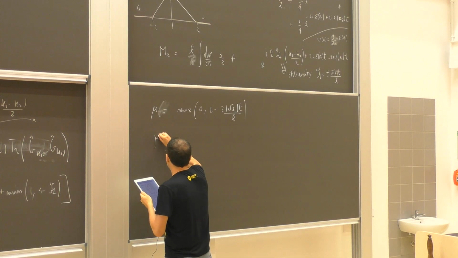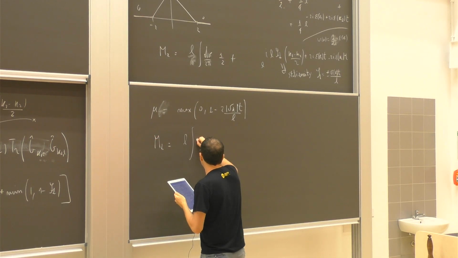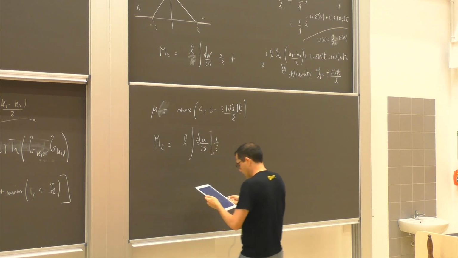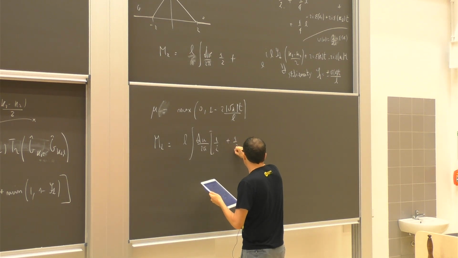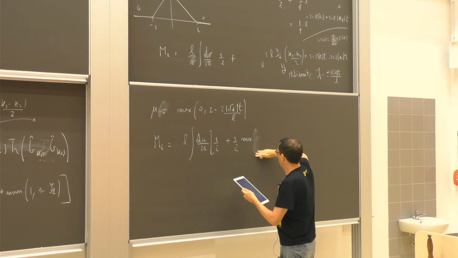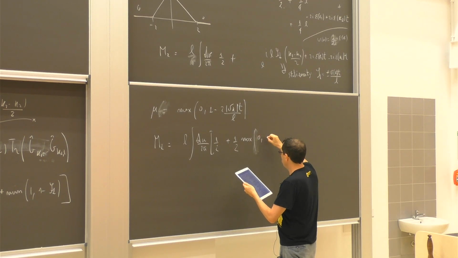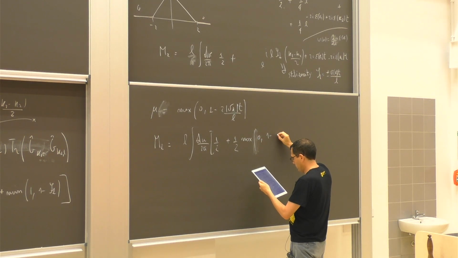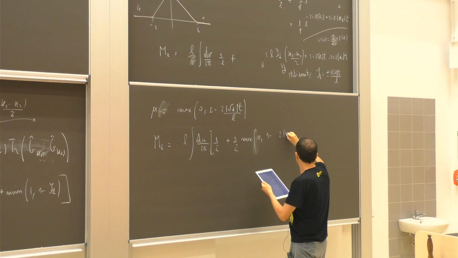So m2 is equal to L integral over dk over 2 pi of 1/2 plus 1/2 max of 0, 1 minus, depends where you put the L, but okay, fine.